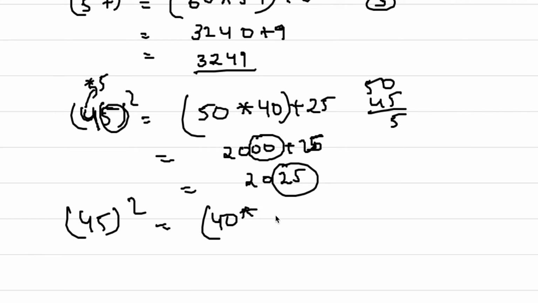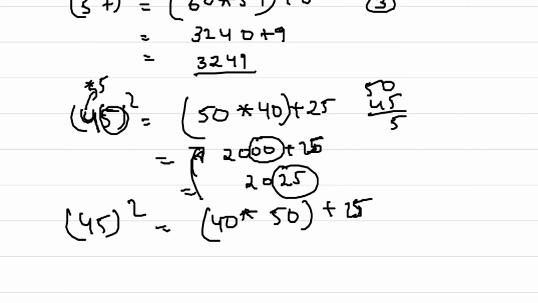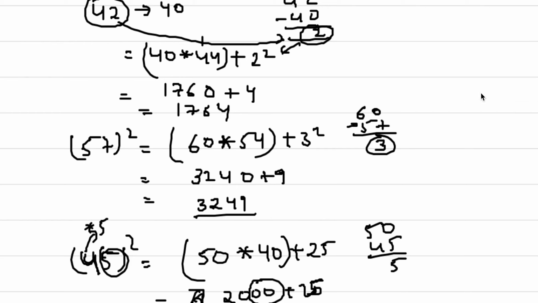Now you multiply this number by adding 5 here, so it comes to the same thing. The equation will be the same, and that's why this trick works on numbers ending with 5. And now you can take the square of any number using this trick, and it's very simple, and I hope you like it.